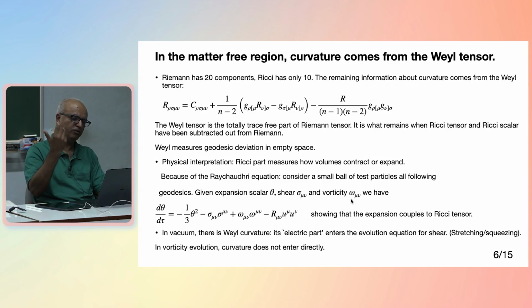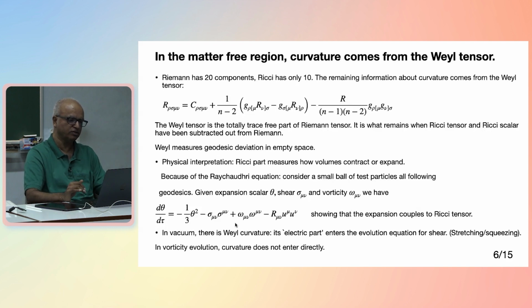So, starting from the geodesic deviation equation applied to a ball of particles which has some volume, you can write this famous Raychaudhuri equation. It tells you how expansion changes. Theta is the expansion scalar. It measures how the volume of that ball is changing.